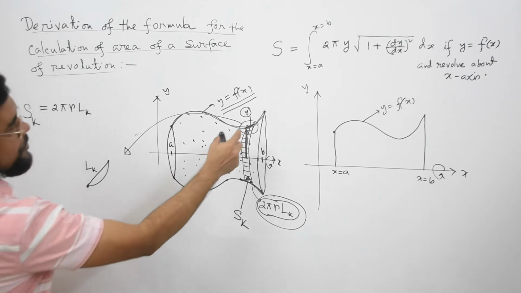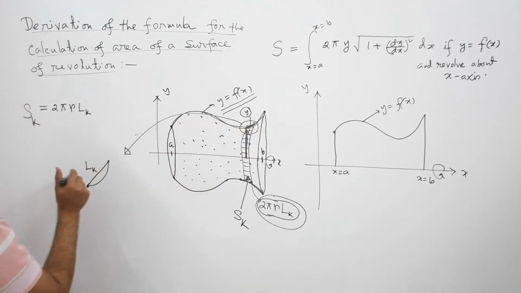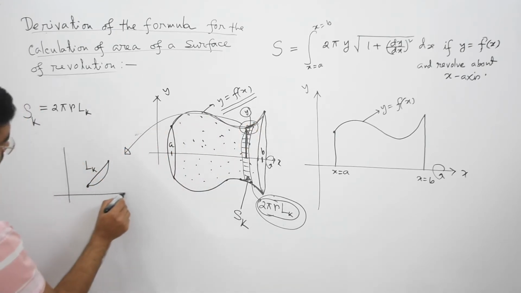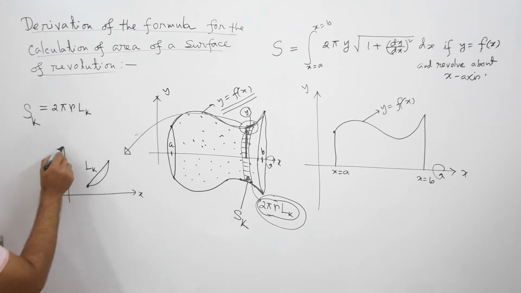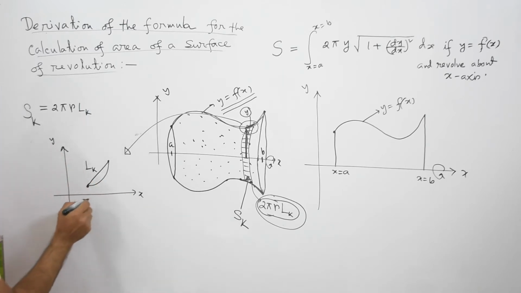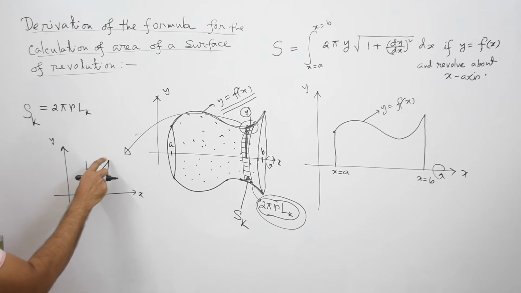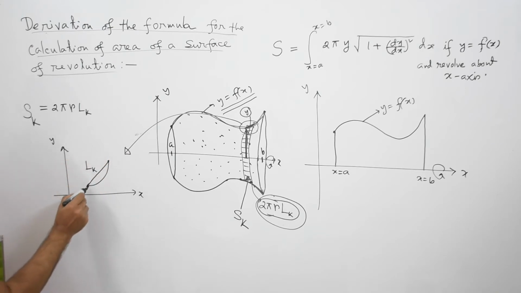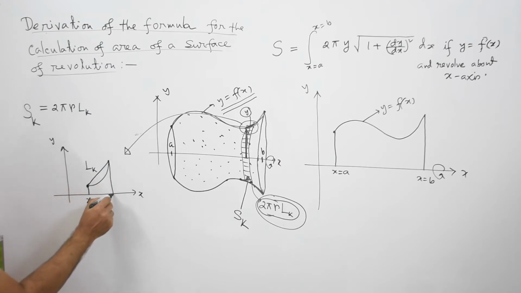Let me zoom into this part and try to understand how we can calculate this Lk. Let us denote this point by x(k-1) and this point xk.